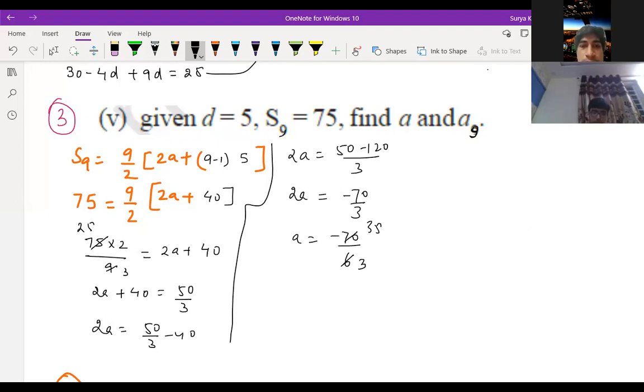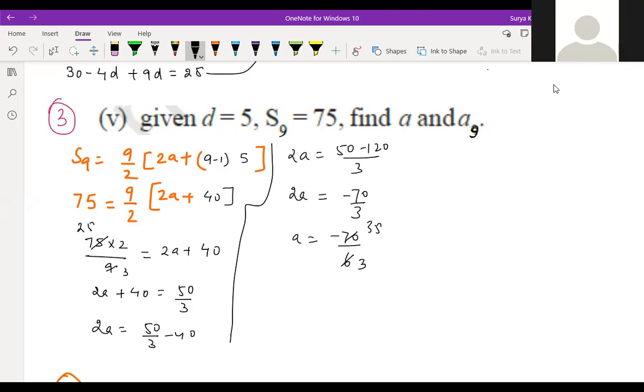Yes, sir. So A9 we can find here, children. A9 is equal to A plus 8D. So A we know and D also we know. A9 is equal to minus 35 by 3 plus 8 into the difference, how much? 5.